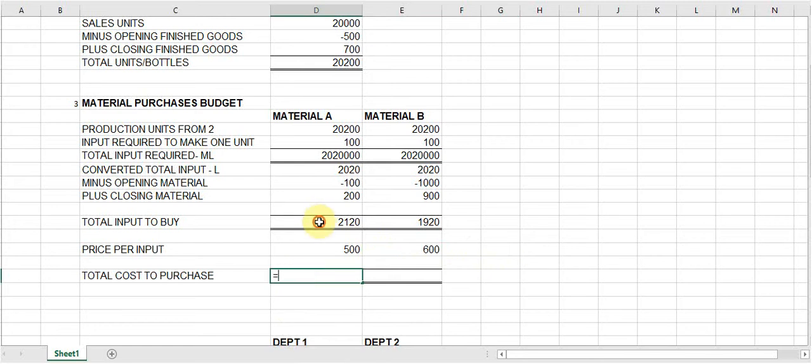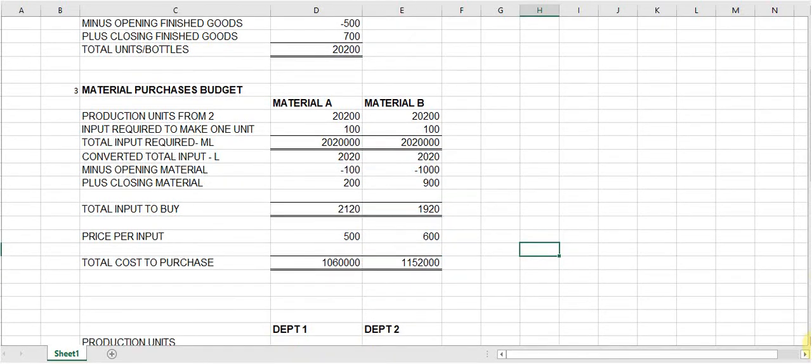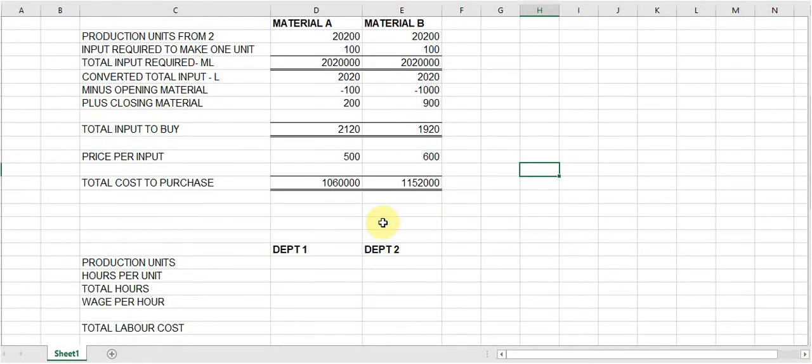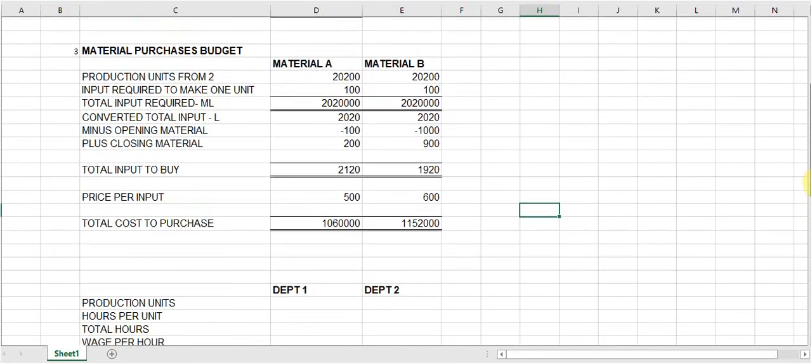So I need to go and do my multiplication. Right, done with that one. So it seems to me like this is 1,060,000 and then 1,152,000 for the two materials.